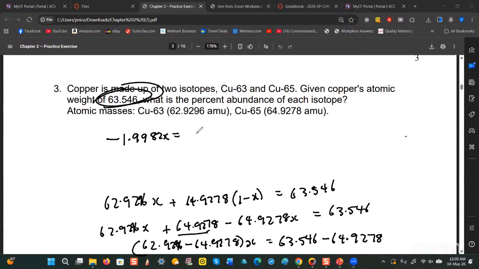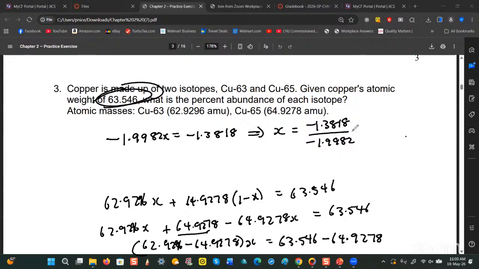And this part, according to my calculation, works out to be minus 1.3. Hold on, is that right? Yeah, 1.3818. So therefore, x would be equal to minus 1.3818 divided by minus 1.9982.